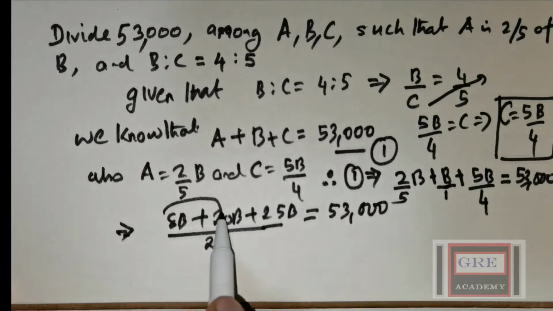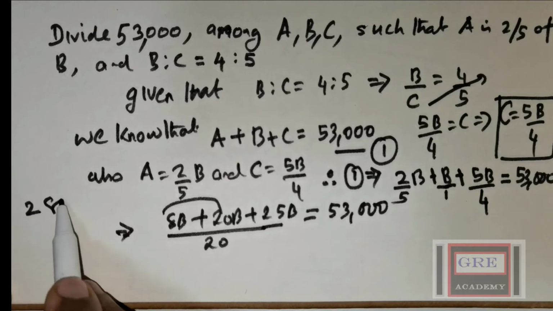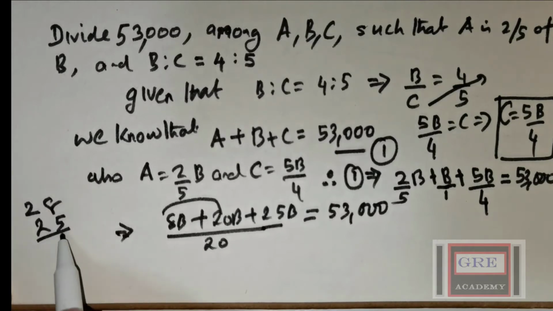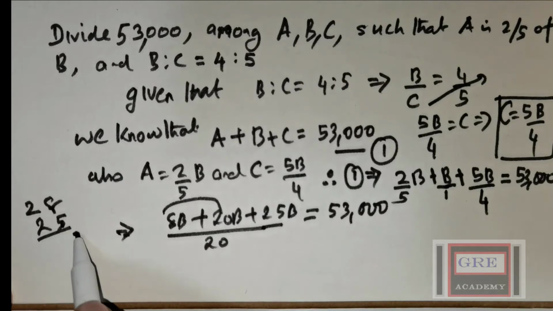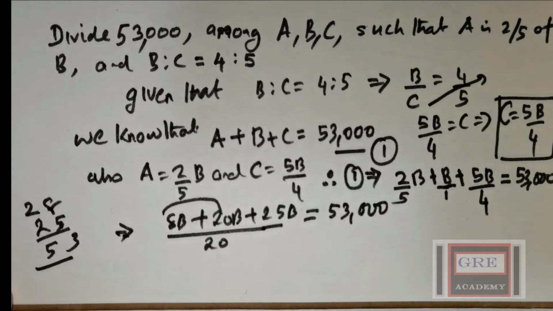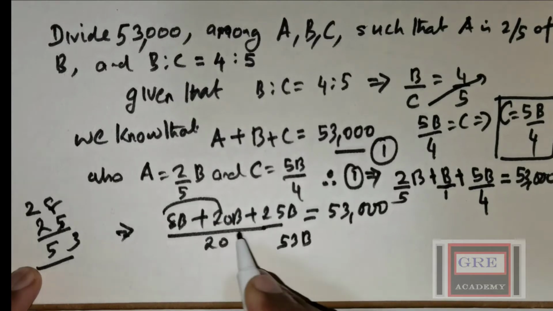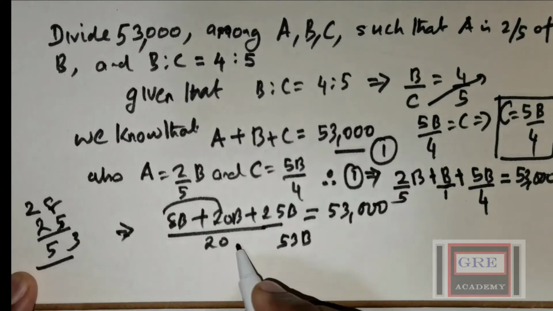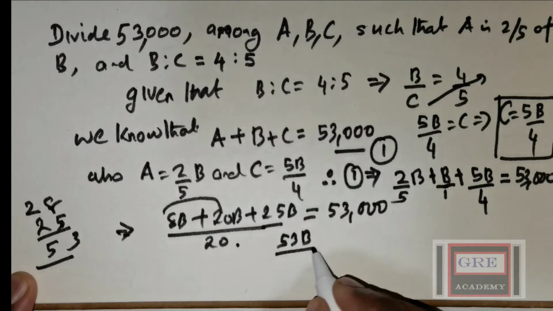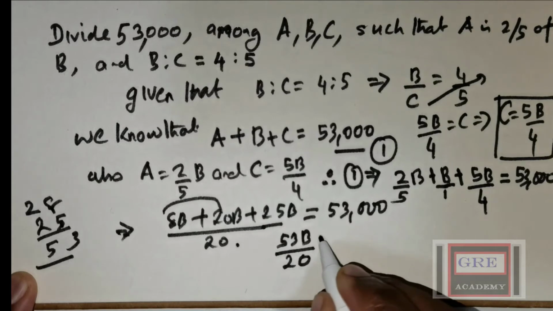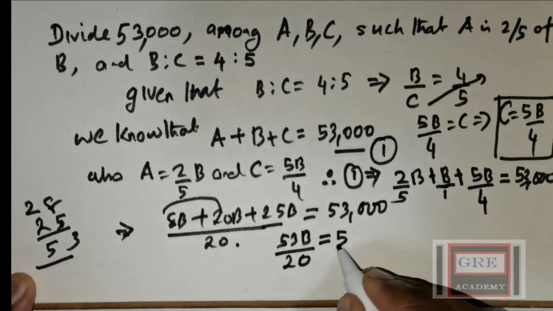Now 8 added with 20 would give me 28, and that added with 5 would give me 53. So I've got 53B on the numerator. Now this 20 which you see there, just for sake of consistency, I'm placing it in the denominator. That has to be equated with or equal to 53,000.